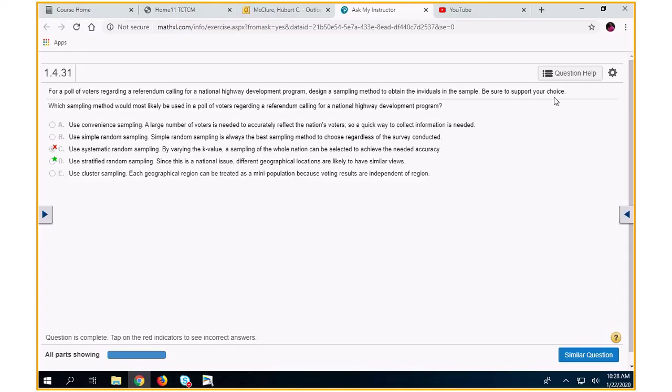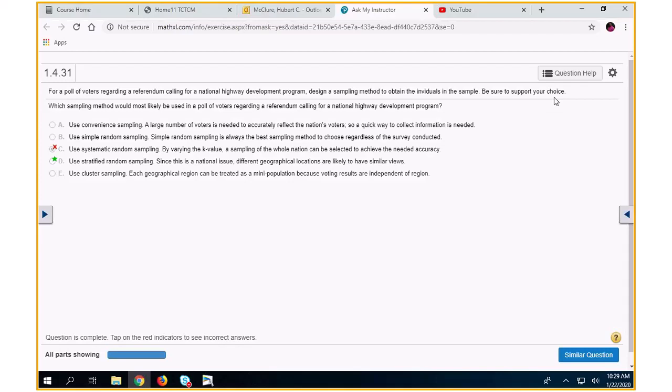Car. You don't say car in South Carolina. You say car. That's how you talk. But do people think differently? Yes. So when you're doing something that's national, you want to grab a sample out of all parts of the United States. So that's why it would be stratified.